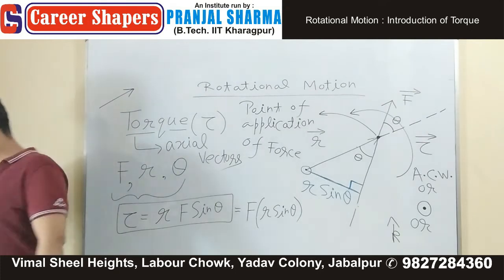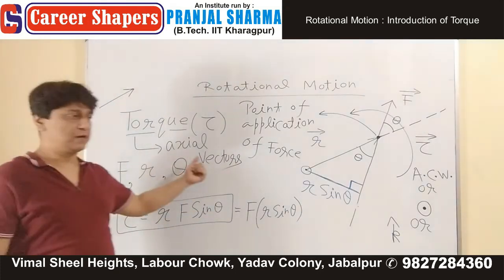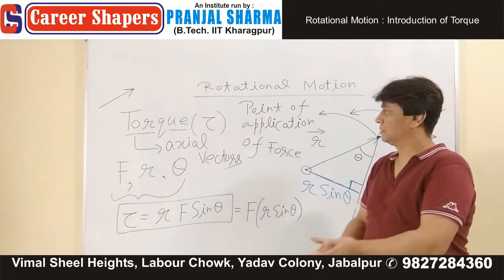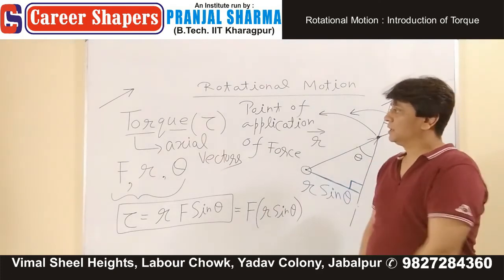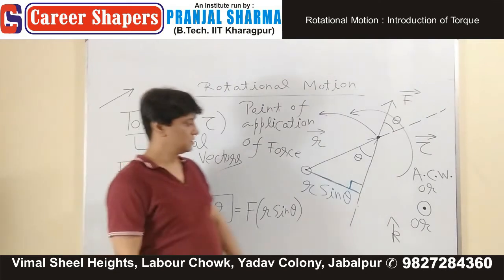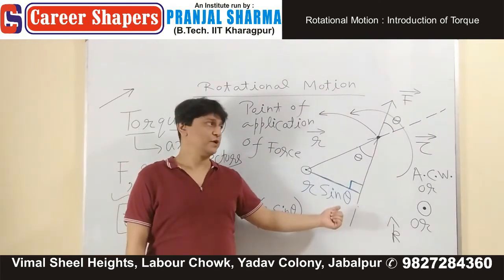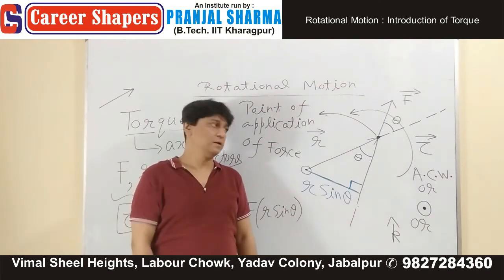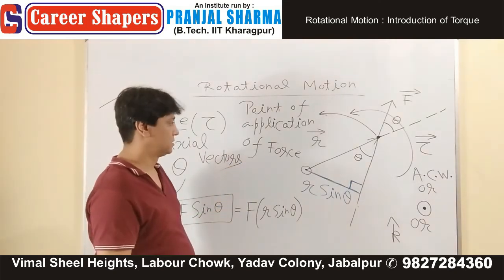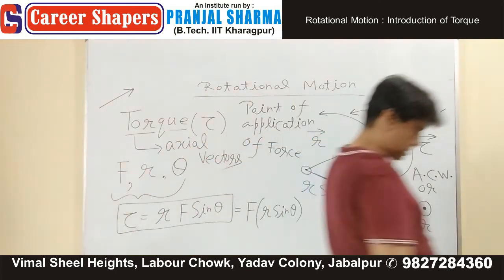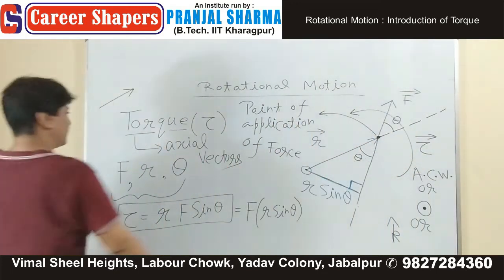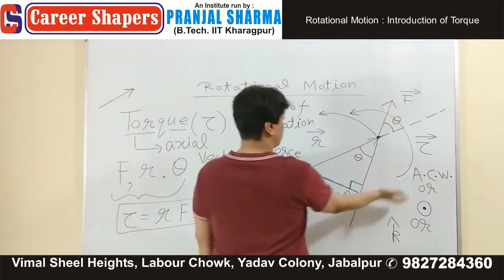The statement is: torque is an axial vector, that is, its direction is along the axis of rotation and is given by the right hand rule.